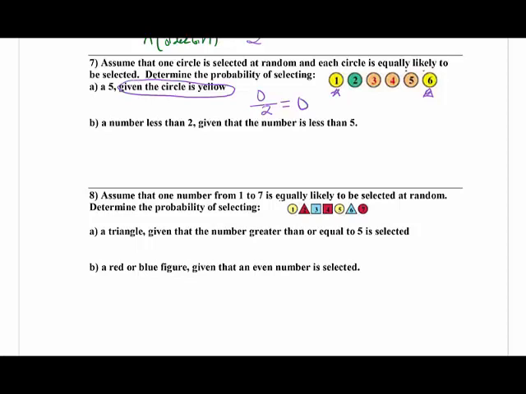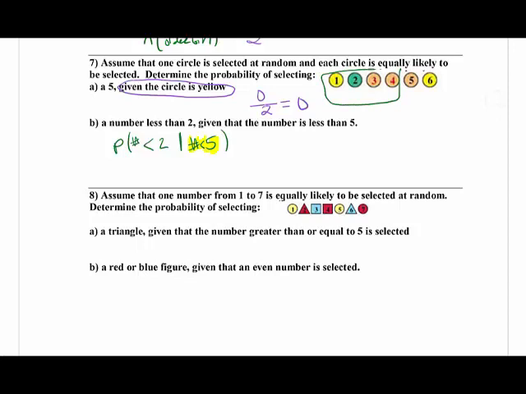Going to B, a number less than 2. So I want the probability of a number less than 2 given the number is less than 5. So now the given portion here, it's got to be a number less than 5. Forgot my symbol there. So less than 5, be careful. I'm not including 5.